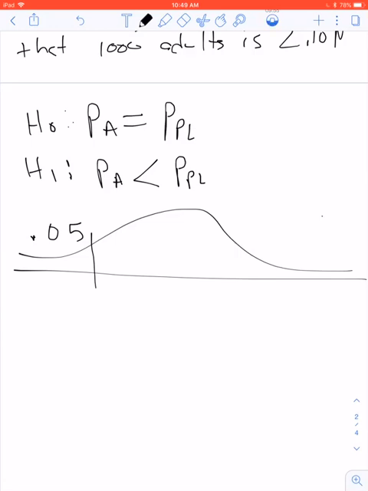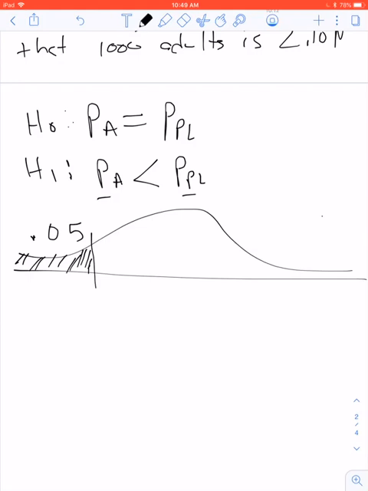And so because my arrow is pointing to the left, and I'm testing whether or not taking aspirin lowers your chances of getting cancer, so this is less than this, I'm doing a left tail or lower tail z-test.